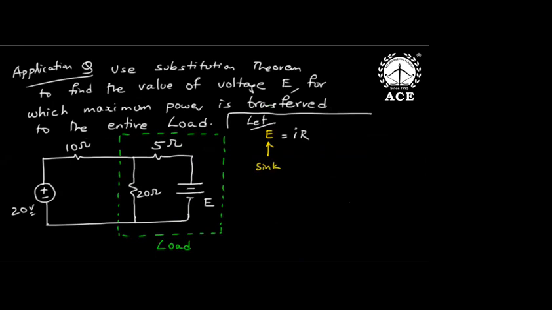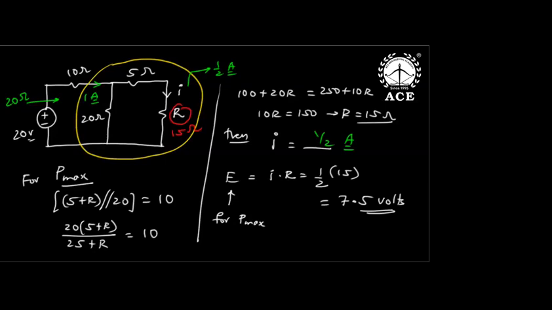Then use the substitution theorem to find the battery voltage E to transfer maximum power through the entire load. The battery on the load side was not allowing us to reduce, so I used the substitution theorem to represent the battery as IR, and then made it into a small resistance problem.